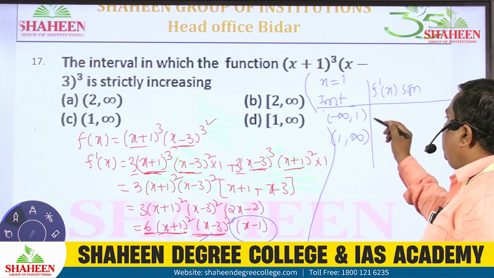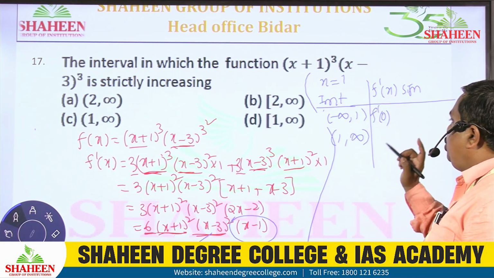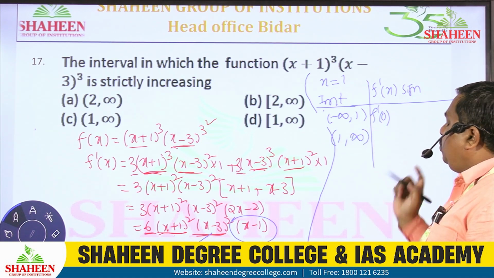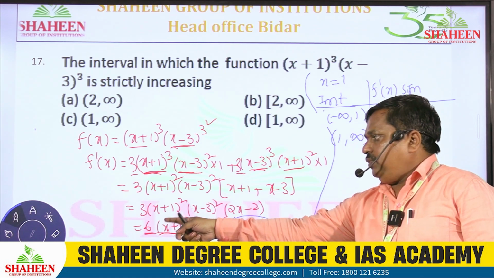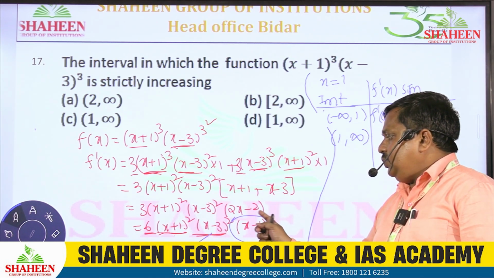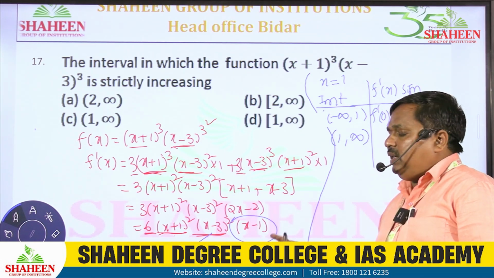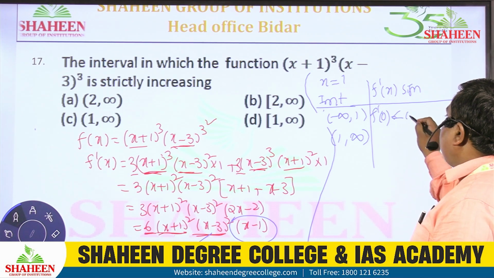If we take here in the derivative a number 0, which is between minus infinity and 1, then 6 is positive, x plus 1 whole square is positive, x minus 3 whole square is positive, and this becomes 0 minus 1. 0 minus 1 is negative, which means it is less than 0.